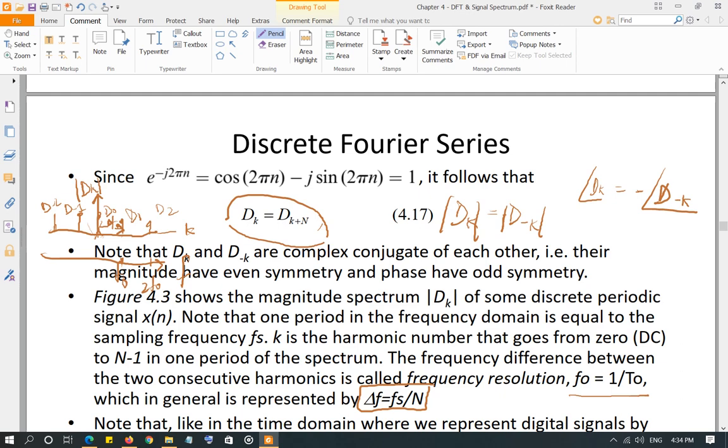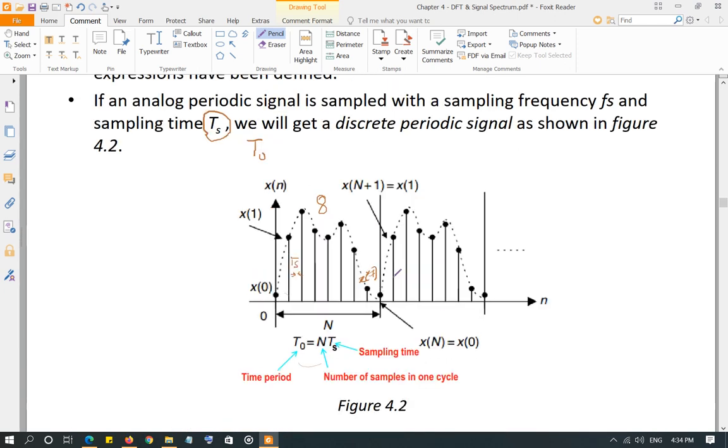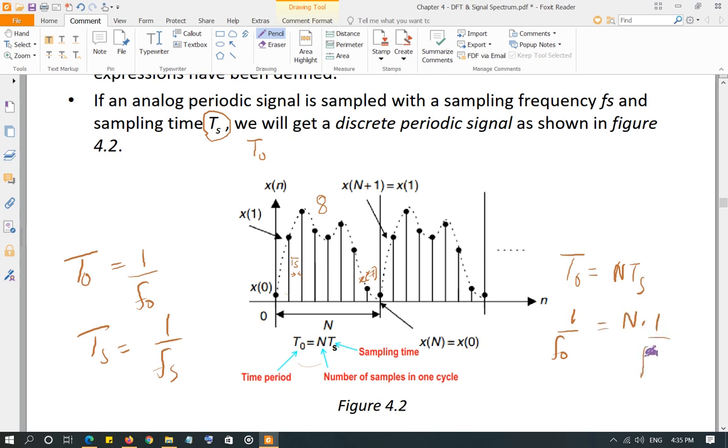And why are we saying that? Let's relate it with the time domain signal. Let's go back to this signal, right? T naught is N Ts. Now remember, T naught is the reciprocal, 1 over f naught, the fundamental frequency. Ts is the reciprocal, 1 over fs, right? So when you have T naught equal to N Ts, T naught is 1 over f naught, and Ts is 1 over fs.